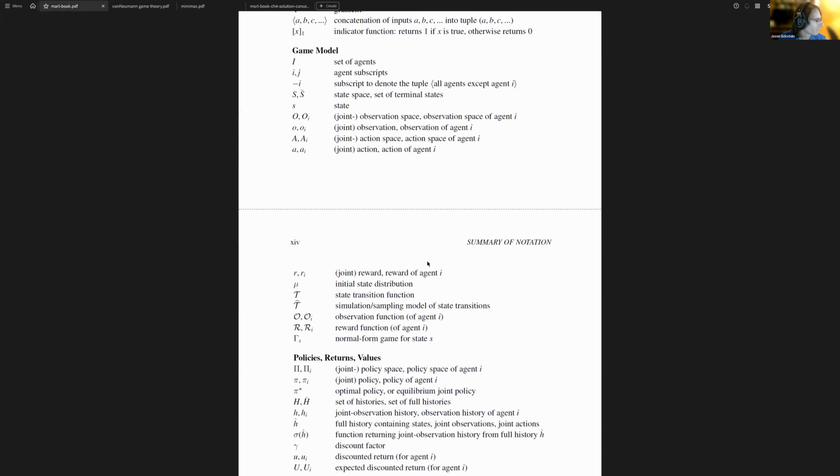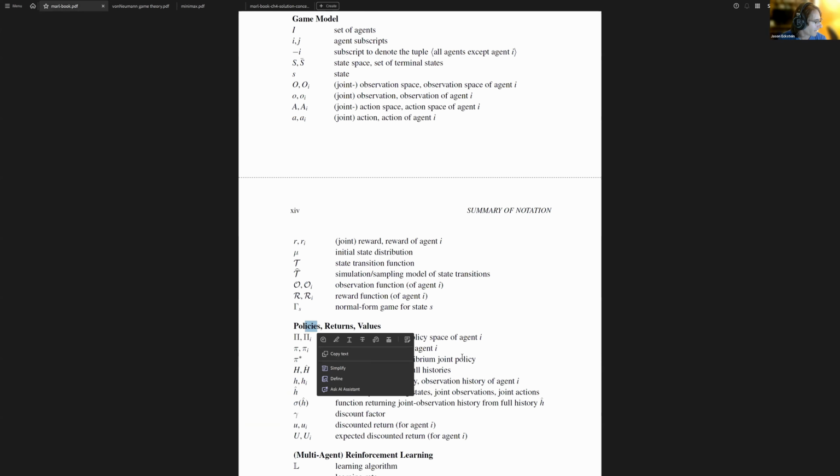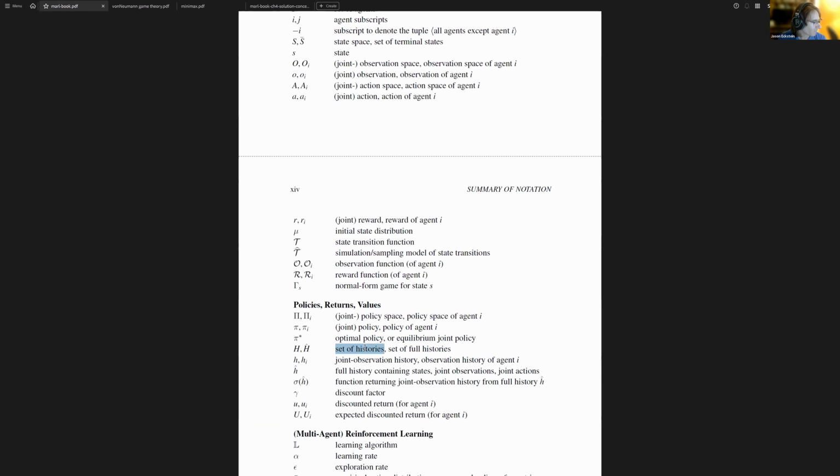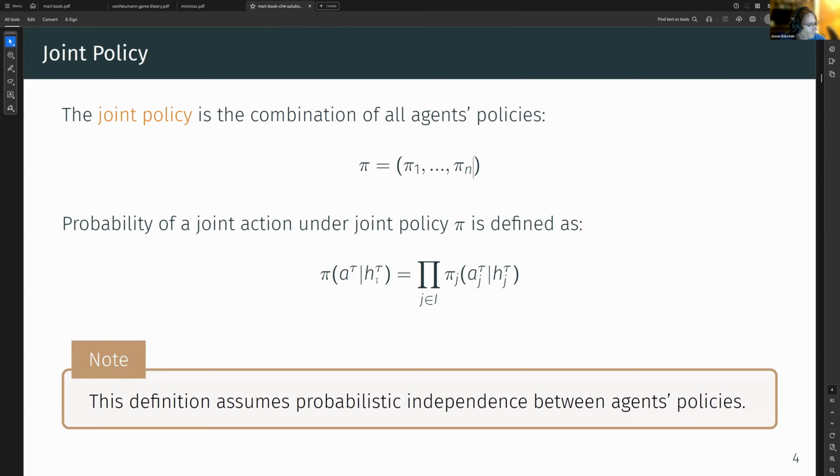Let's see if we go back here. So yeah, here H is now, if we look at the notation, the set of histories. And this is because in general for the multi-agent problem, it's not just the current state. Now, this is also something that is different from traditional reinforcement learning. Usually, only the current state matters.